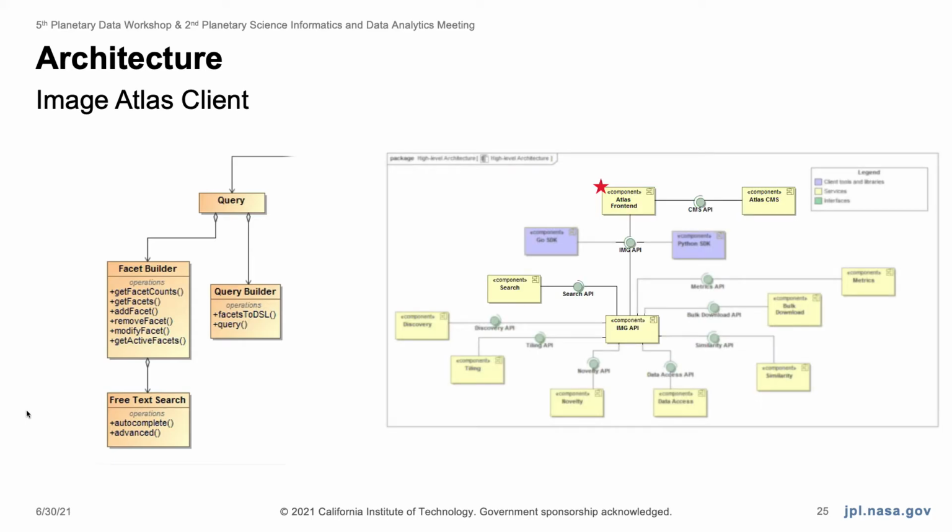The way that works, we have the Atlas front end, and you can imagine a user making a search for InSight data. They make that search in the Atlas, and the Atlas then queries the Imaging Node API, which accordingly routes to the Search API, which in turn queries the appropriate Elasticsearch index for that InSight data, and then serves that back up to the user so that the user is able to find the products that they need.